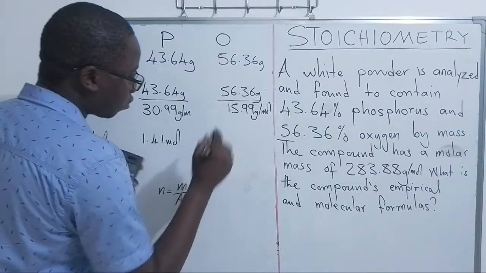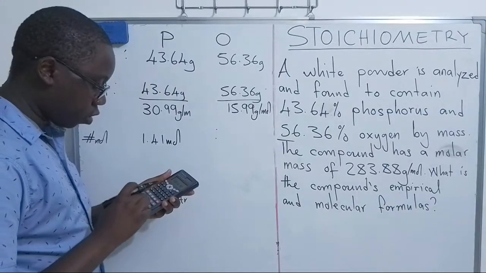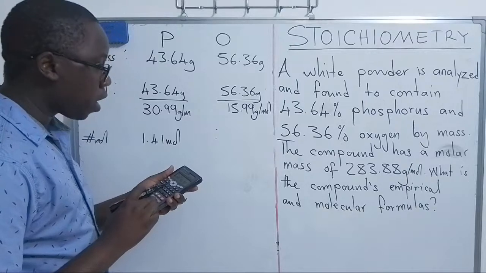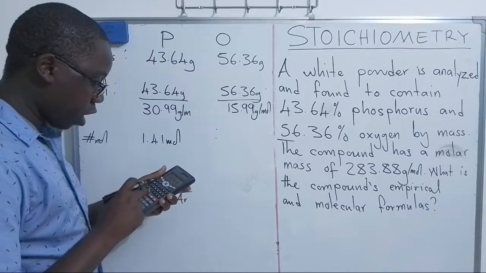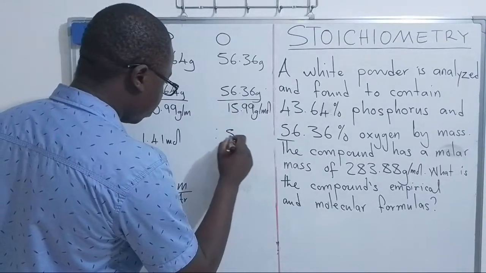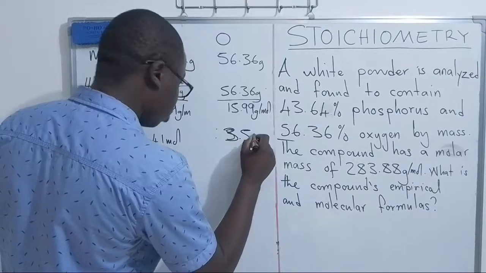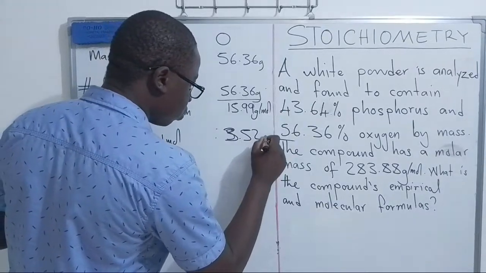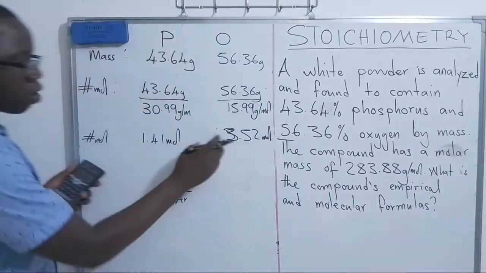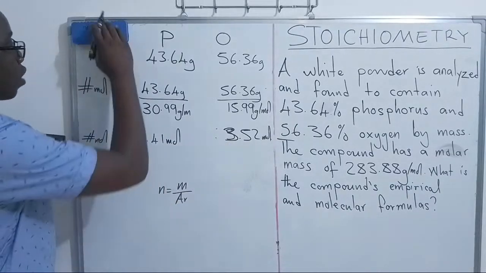Then for the other side, 56.36 divided by 15.99 gives us 3.52 moles. So we have 3.52 moles there and 1.41 moles there.